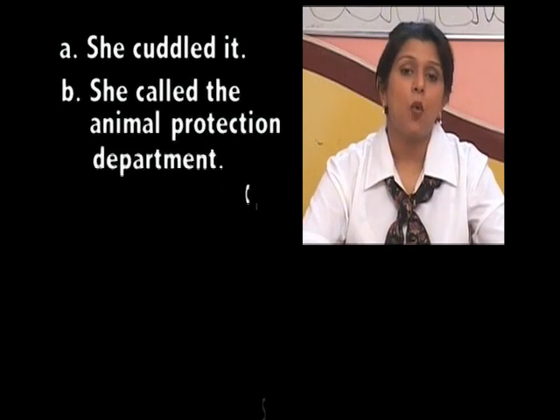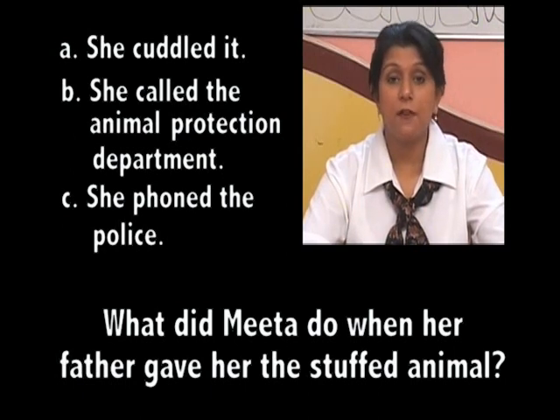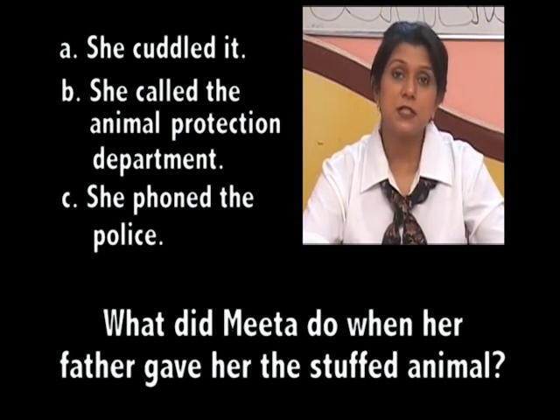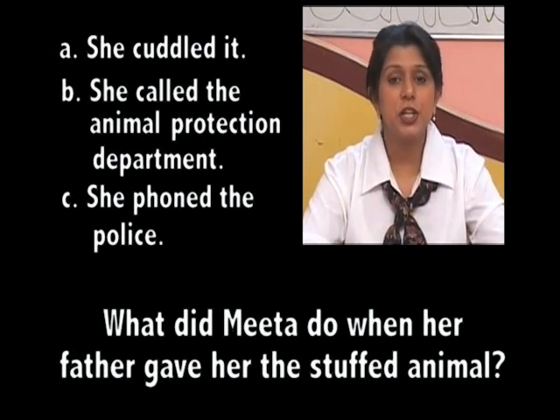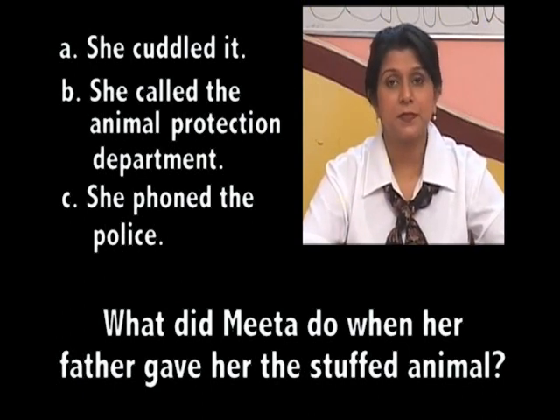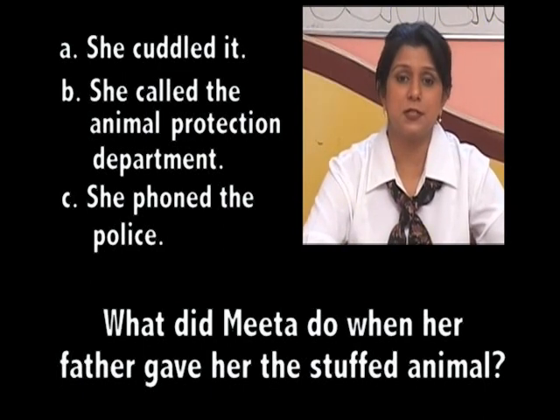Let's now move forward to the next sentence. What did Meeta do when her father gave her the stuffed animal? Your options are A. She cuddled it. B. She called the Animal Protection Department.